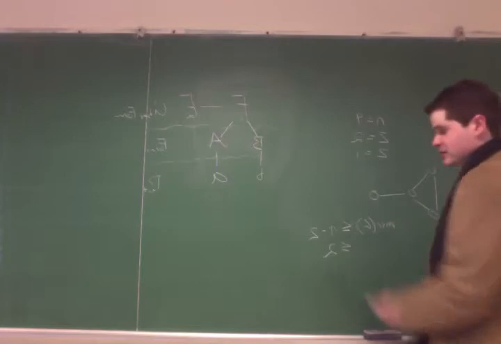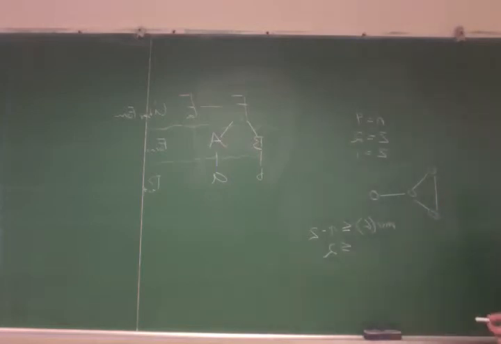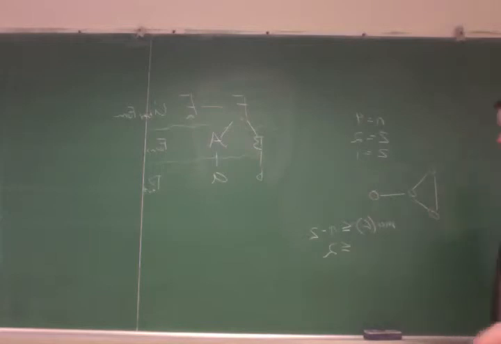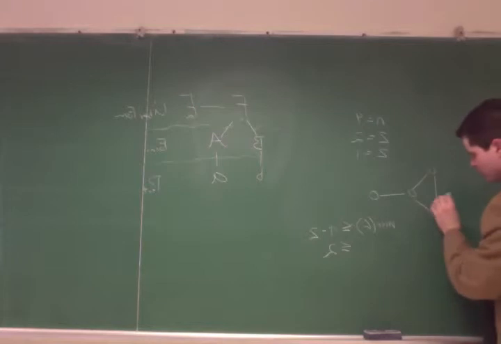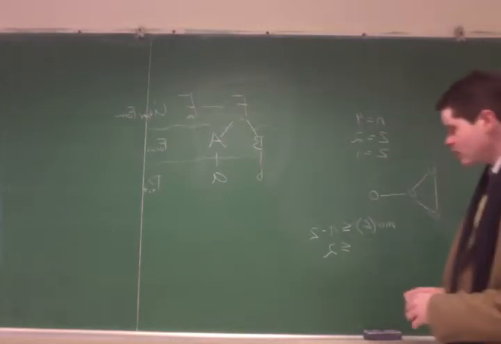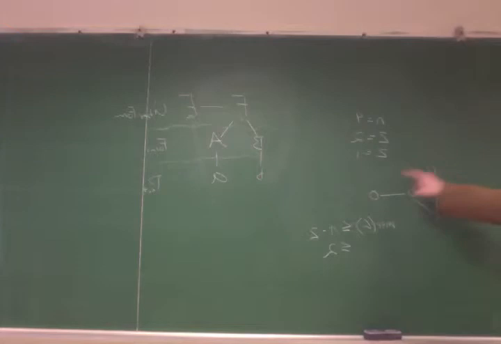I had 3 as another possible value. It could be 3. I can pull this out of the board, and there you have 3 dimensions. It'd be height here, then across this way, and then out of the board. From here, this node would come out of the board, so you have 3 dimensions. It could be, but I only need 2 to represent it.